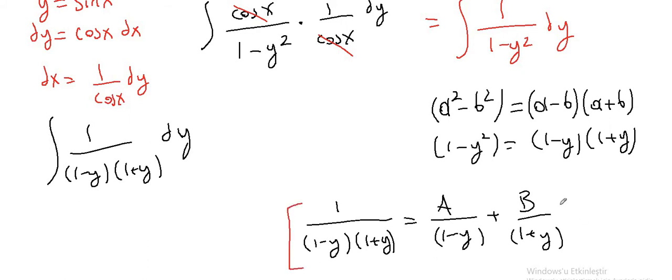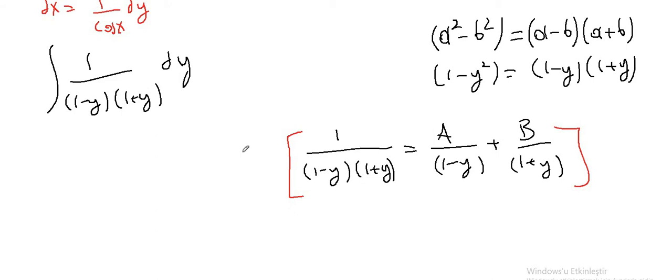So for this, we multiply the whole equation by the common denominator, which is 1 minus y times 1 plus y. So this whole expression, 1 minus y times 1 plus y, multiplied by the first fraction, gives us just 1.